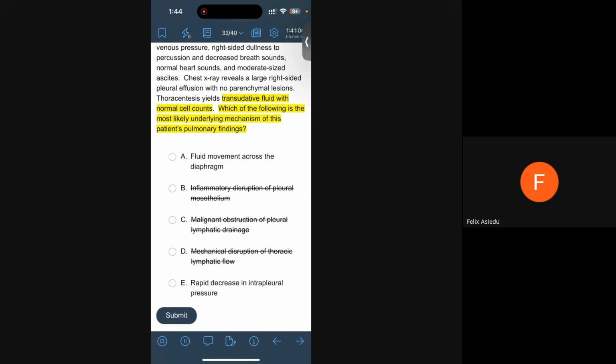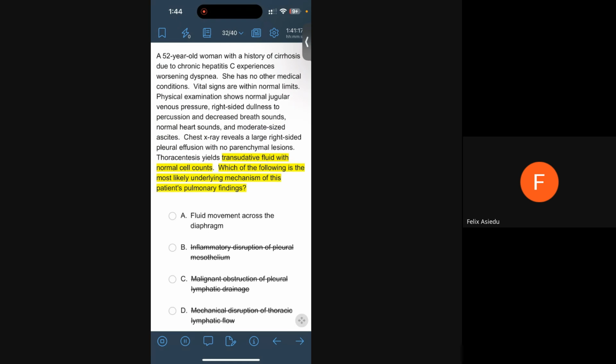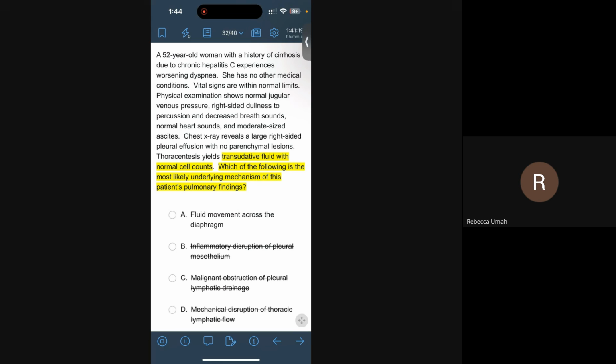Option A, rapid decrease in intrapleural pressure, or option E, fluid movement across the diaphragm. Let's see the question here. He has a history of cirrhosis due to chronic hepatitis C, age 52, and experiences worsening dyspnea.